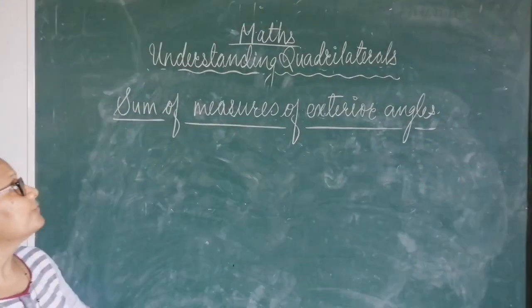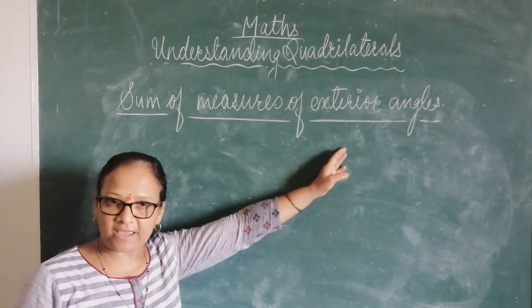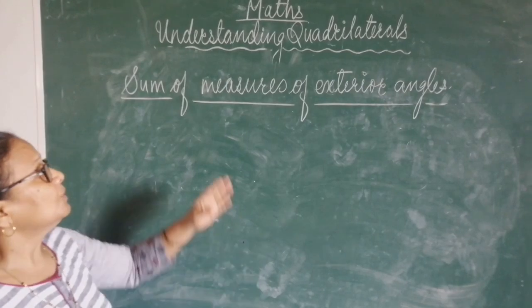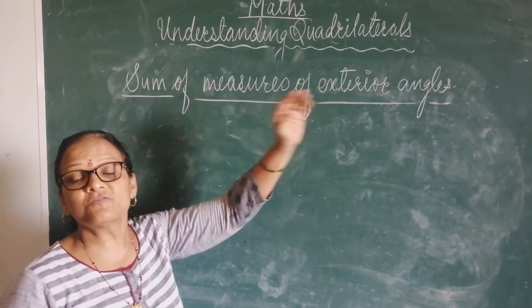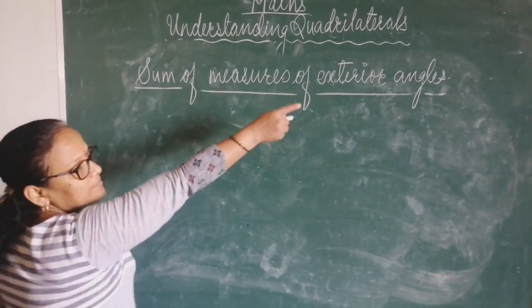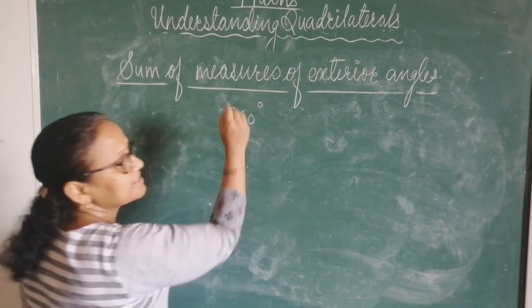Clear? We will now discuss the sum of the measures of the exterior angles of a polygon. If any polygon is given and you are asked to find the sum of the exterior angles, for any polygon, the sum of the measures of the exterior angles is always 360 degrees.